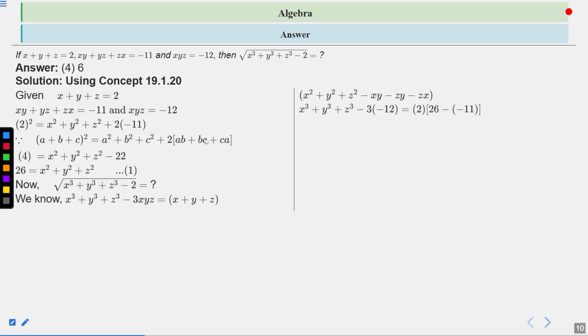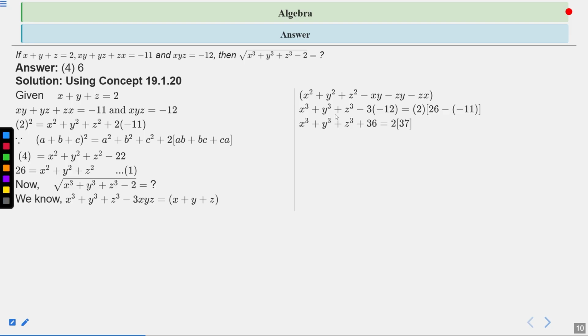So we can put in the values. We get x cube plus y cube plus z cube minus 3 times xyz, where xyz is minus 12, so minus 3 into minus 12, which equals 2 times (26 minus (minus 11)).